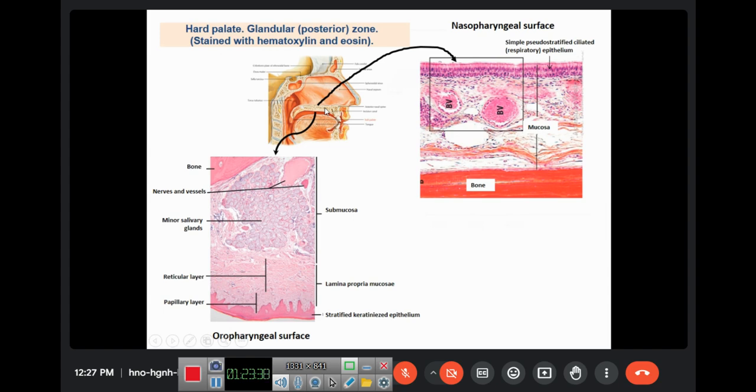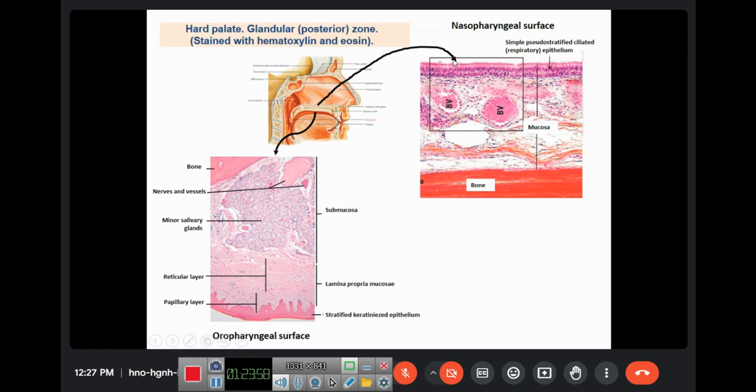And the bone is covered with two surfaces. One surface faces the nasal cavity, and this surface is called nasopharyngeal surface, and lower surface looks to the oral cavity, and it is called oropharyngeal surface.